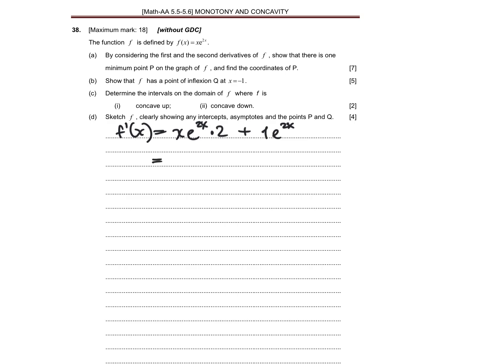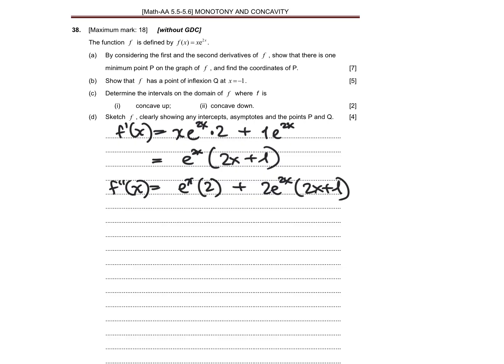And we can pull out an e to the 2x plus 1 on the inside, and second derivative is going to be first times the derivative of the second plus the derivative of the first times the second.